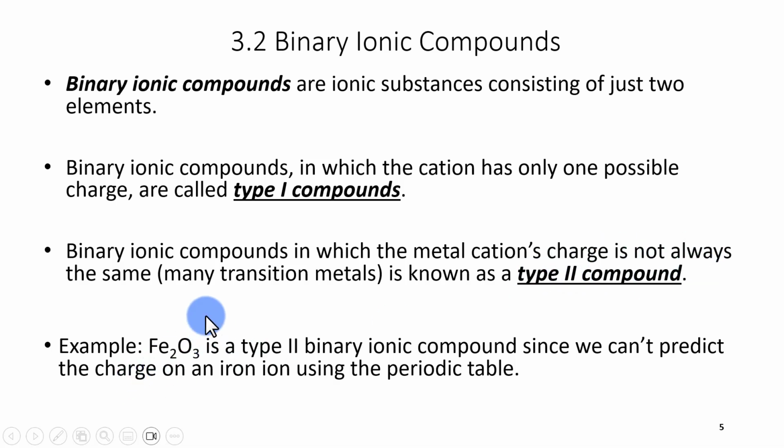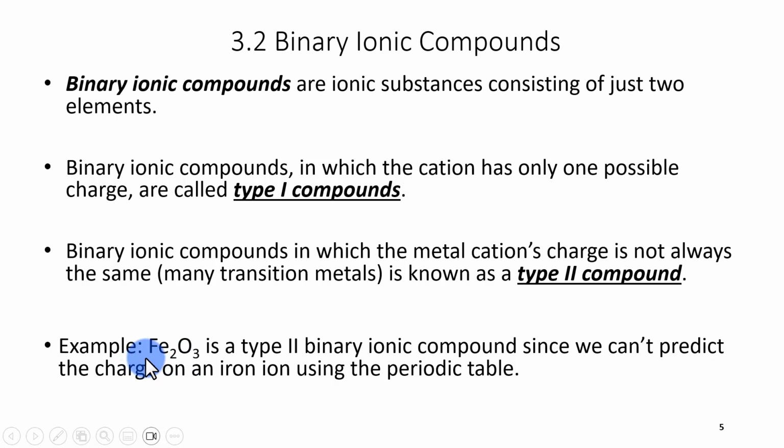For example, this is iron(III) oxide, and it's a type 2 binary compound because iron, my metal, is a transition metal, and it can form at least two different types of cations, +2 or +3. So I have to specify which it is.